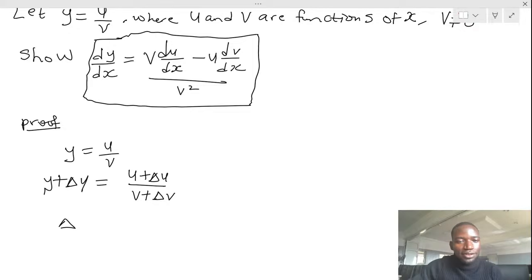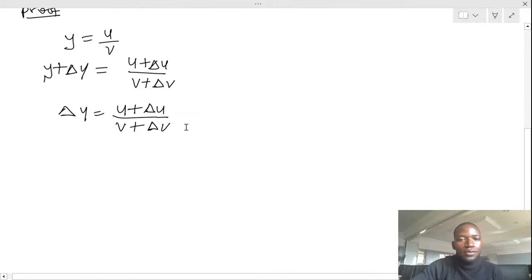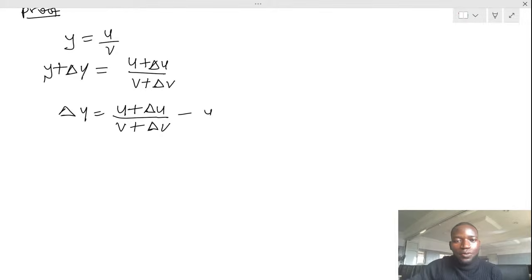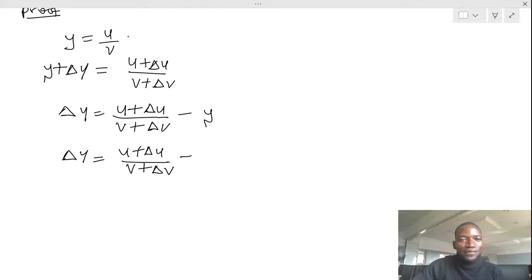So we're going to have delta y equal to u plus delta u over v plus delta v minus y. So what is our y? Our y from what we're given is u over v. So we're going to have it as u over v.